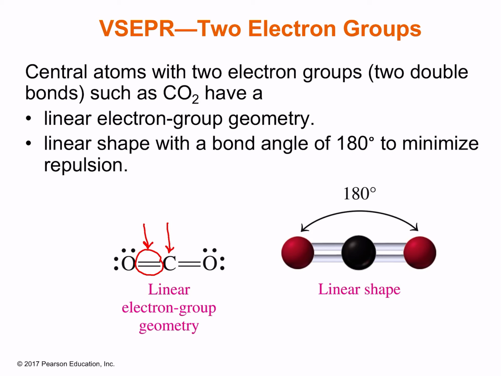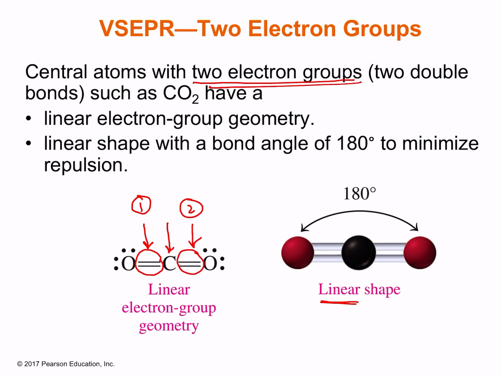So this is counting as one area of electrons. This is counting as another area of electrons. So that's where we're getting these two electron groups. One double bond on the left, one double bond on the right, for a total of 2 electron groups. So anytime you have 2 electron groups, this will have a linear shape. Okay, linear electron geometry, and then the bond angle is going to be 180 degrees.